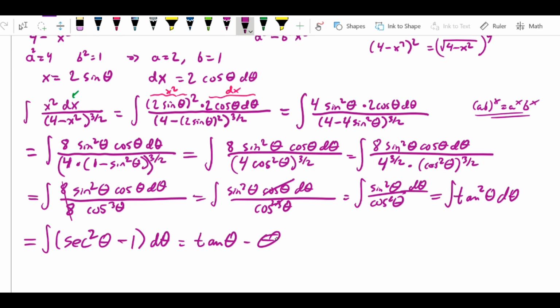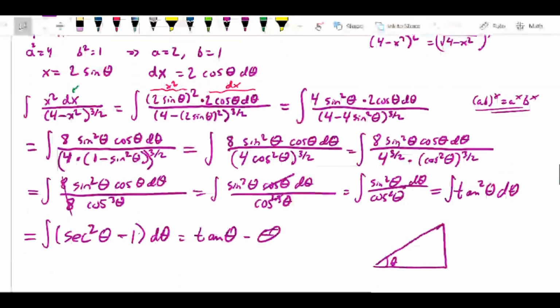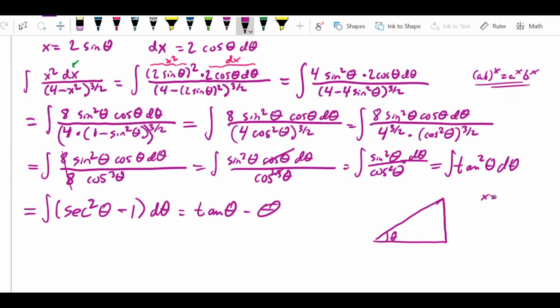Okay, so now I'm going to draw the triangle. We used the substitution x equals 2 sine theta. So if x equals 2 sine theta, then x over 2 is equal to sine theta. That means the ratio of the opposite to the hypotenuse is x over 2, giving us a third side of the square root of 2 squared minus x squared, which is the square root of 4 minus x squared.